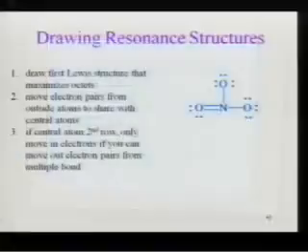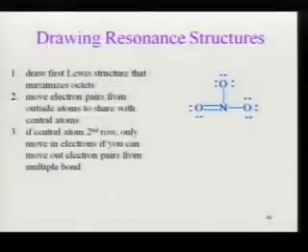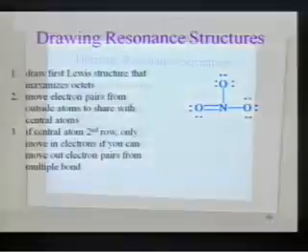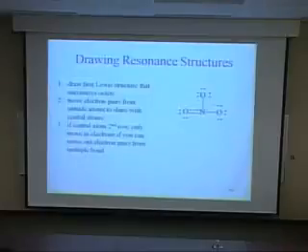So if we go back to our example with the nitrate ion, here's our Lewis structure. That's one of them. We could draw another one as well. Now remember, in terms of electron pool, whatever we put in, we've got to pull out. If you're going to make the double bond go over here instead of over here, I have to take this pair and put them back out as free electrons, then take these and put them in.